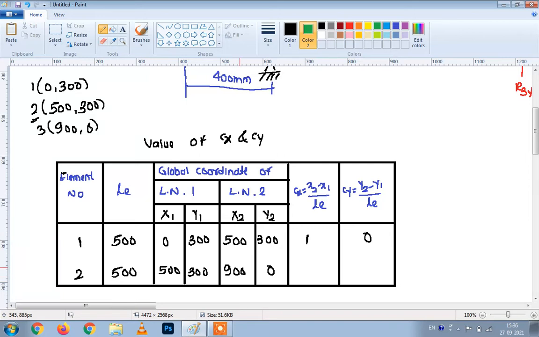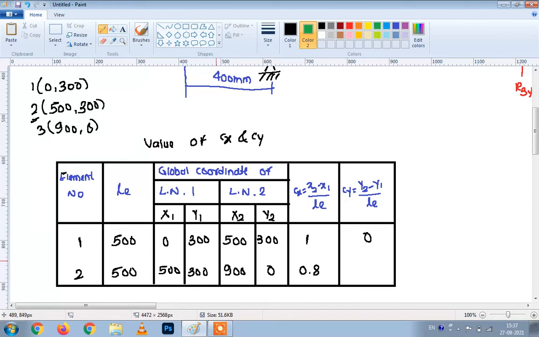Now we will find out the Cx value for element number 2. X2 minus x1, 900 minus 500, is 400, divided by 500. So it becomes 0.8. Now the value of Cy for element number 2: y2 minus y1.